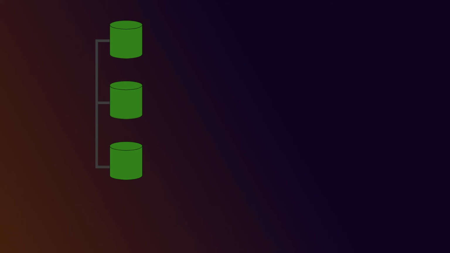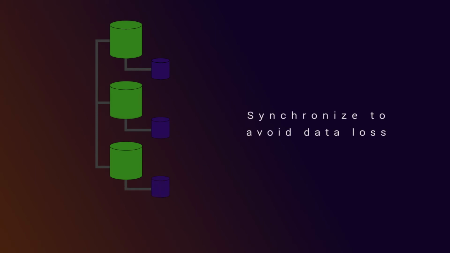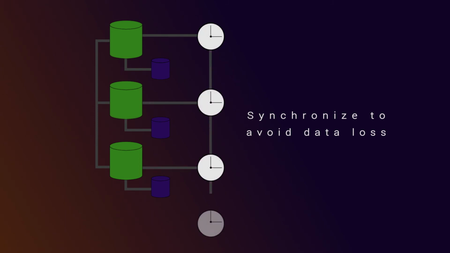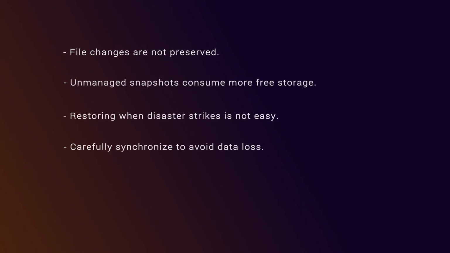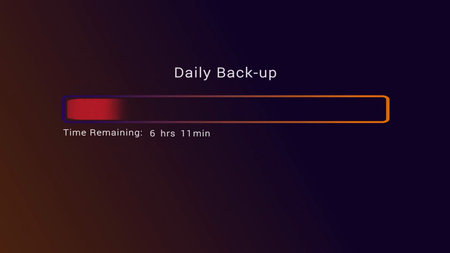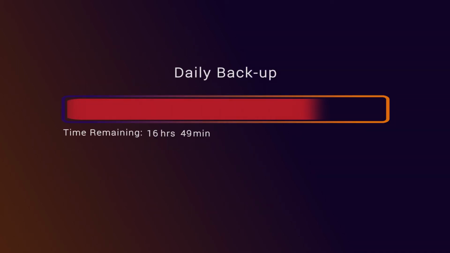Since each volume has its own collection of snapshots, these need to be carefully synchronized for consistency to avoid data loss. This process typically takes hours, adding to the overall RTO. There was a time when all of these problems that come with snapshots were considered reasonable, compared to the alternative, which was a cumbersome full data backup taken at the end of each day.